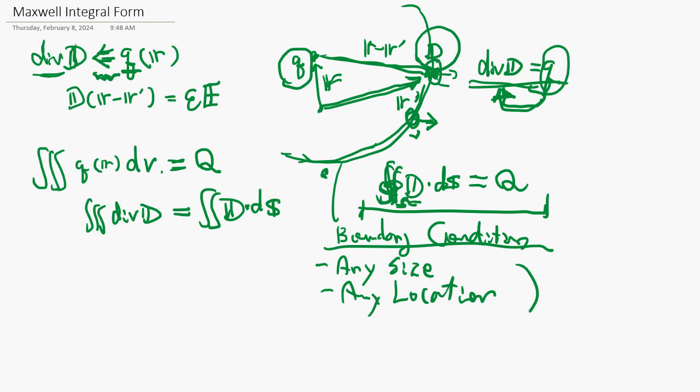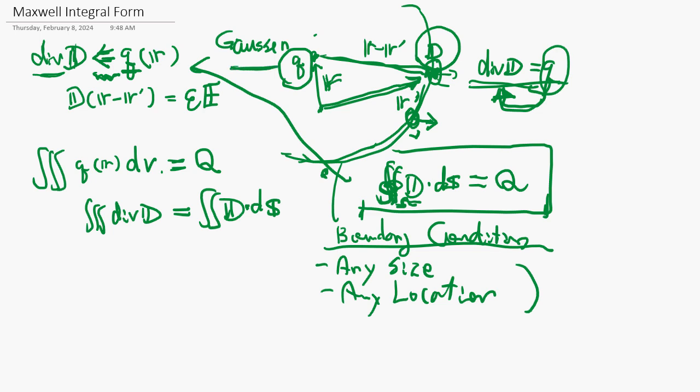As long as you have this condition, then the integral form of Maxwell's equation is going to be the same as this. And this is the Gaussian law, and the integral form is this one.